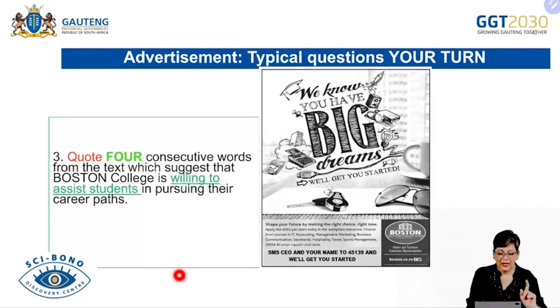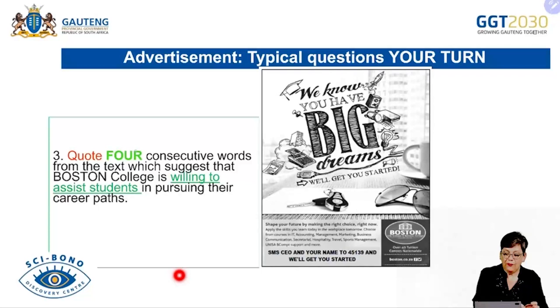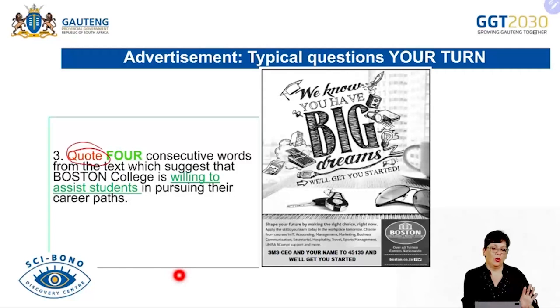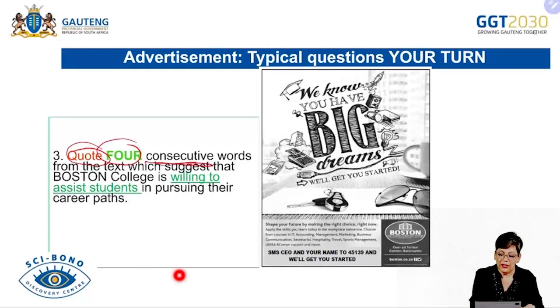Here's another one. It says, quote 4 consecutive words. This is important. So, quote, remember, every time with all questions, you have to write in your own words, unless you are asked to quote. Now, in this case, you are asked to quote. And they're very specific. They say 4 consecutive words.